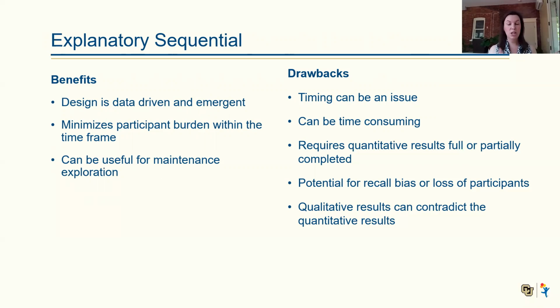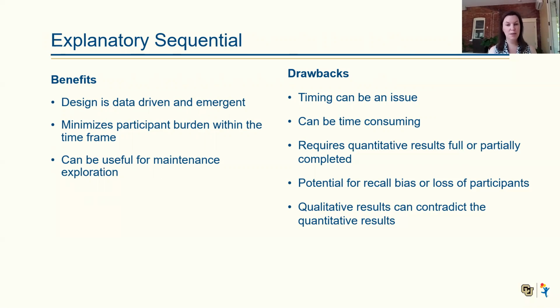While our trial is complete, is the intervention going to continue to be used by our study participants? Some drawbacks: timing can be an issue, because you have to build in that second phase. Oftentimes interventions can be drawn out, things can delay it, and you might not end up with as much time or any time to really do that qualitative piece.